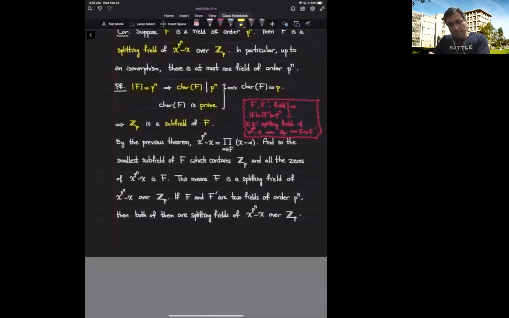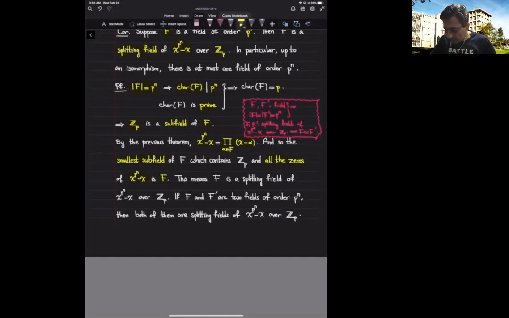Now, by the previous theorem, we know that x^(p^n) - x can be written as a product of degree 1 factors with elements inside this field F. That means what? That means when I add these zeros, which are these alphas, to Z_p, I get the entire F. So that again means F is the smallest subfield of F which contains all the zeros of x^(p^n) - x.